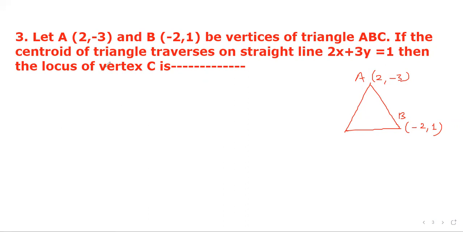If the centroid of the triangle traverses on the straight line 2x plus 3y equal to 1, then the locus of vertex C is. The centroid traverses on this line, and we have to find the locus of vertex C. Suppose vertex C is (x1, y1).